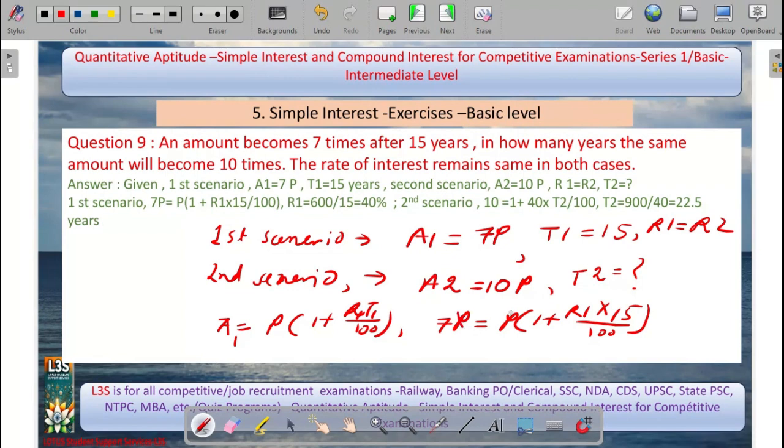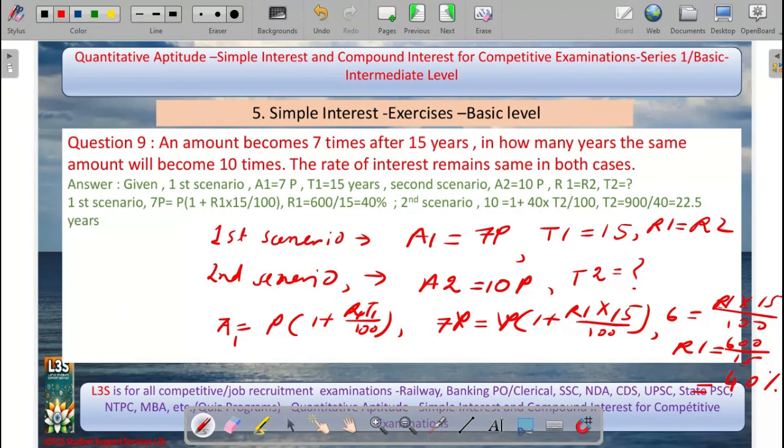P, P cancel. So 7 minus 1, 6. 6 is equal to R1 15 by 100. So R1 is equal to 600 by 15. 600 by 15, that means 40%.